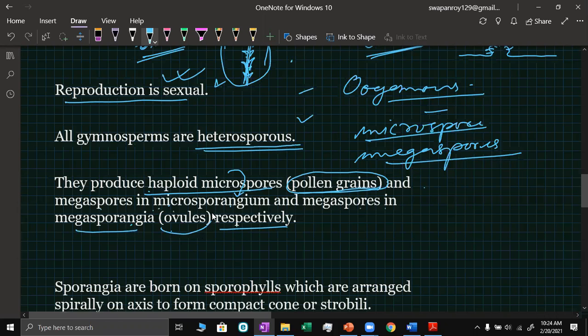The megasporangium is also known as the ovule.